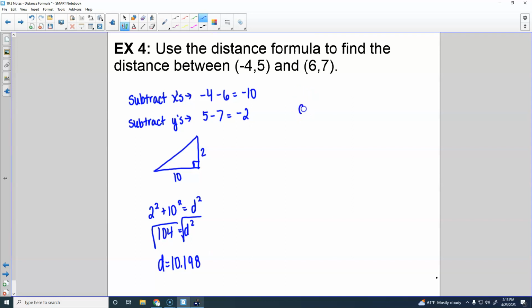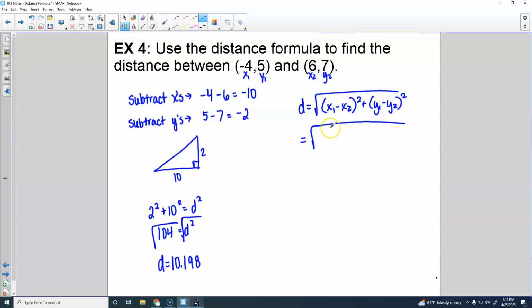Or you can just use the distance formula. So that distance formula looks like this. This is x1, y1, this is x2, y2. Some of you may prefer this because you can type it all into the calculator at once.